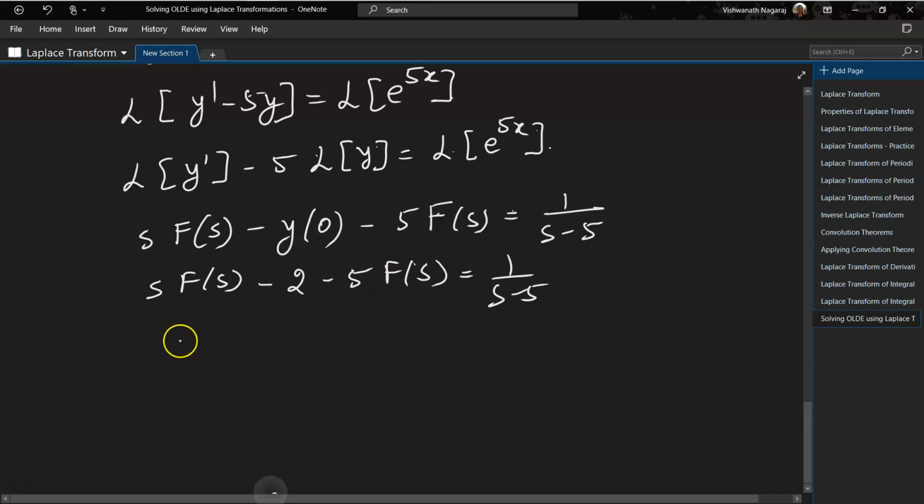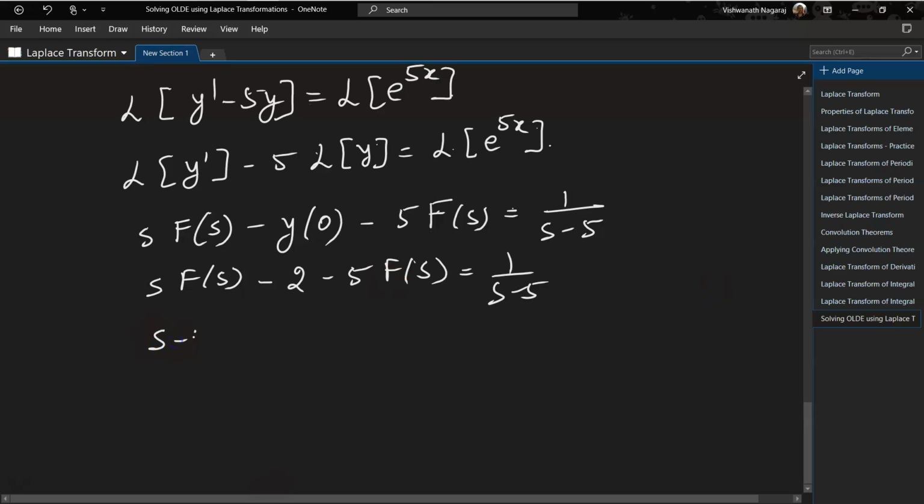Okay, f of s is common, so this becomes s minus 5 of f of s equal to 1 by s minus 5 plus 2. Now this becomes 2s minus 10 plus 1, minus 9.